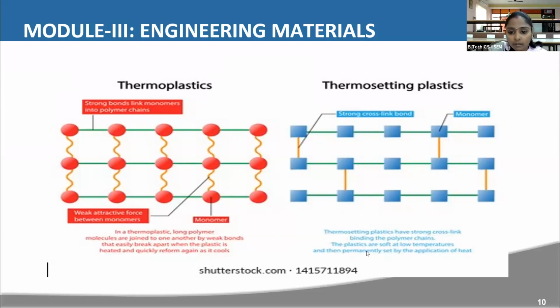The plastics are soft at low temperatures and then permanently set by the application of heat. This is the main difference between thermoplastic and thermosetting: which we can remold and which we cannot. Thermoplastics contain weak van der Waals forces, and thermosetting plastics contain covalent bonds.